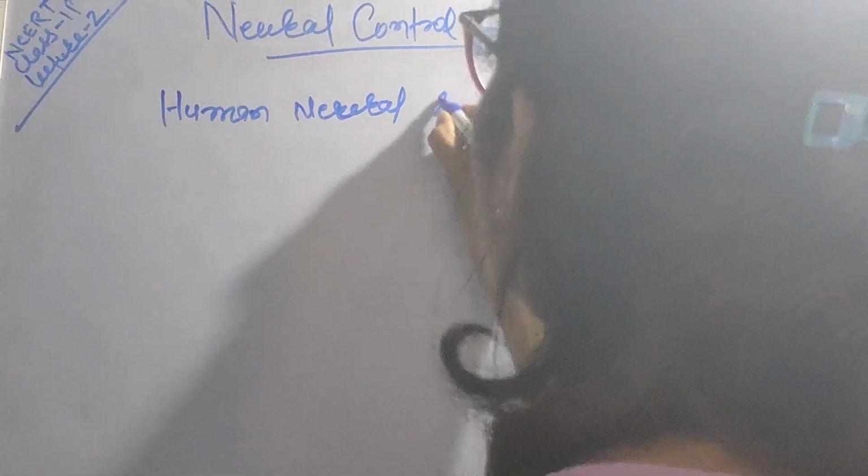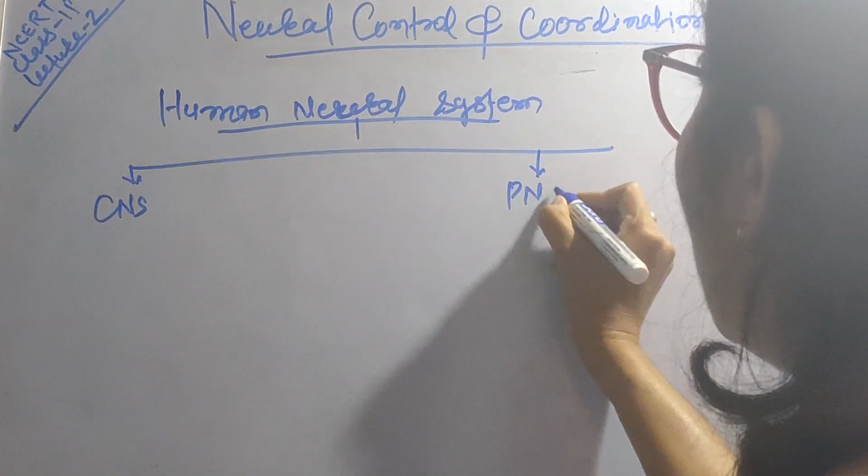The neural system is mainly divided into two parts, that is CNS, central nervous system, and PNS, that is peripheral nervous system. CNS is composed of the brain and the spinal cord in humans.